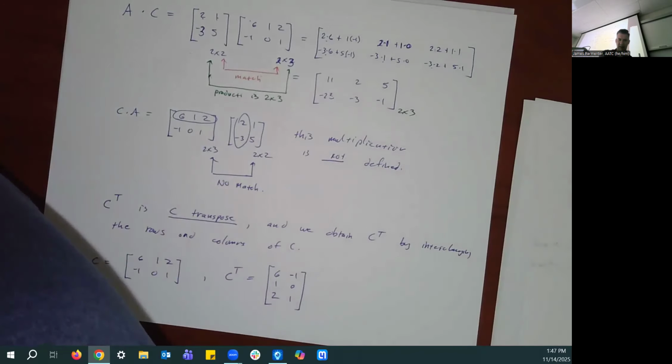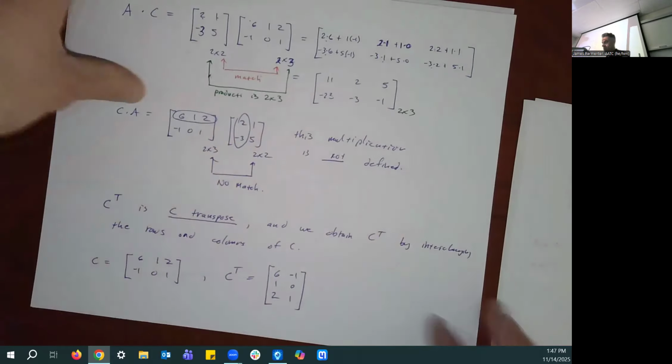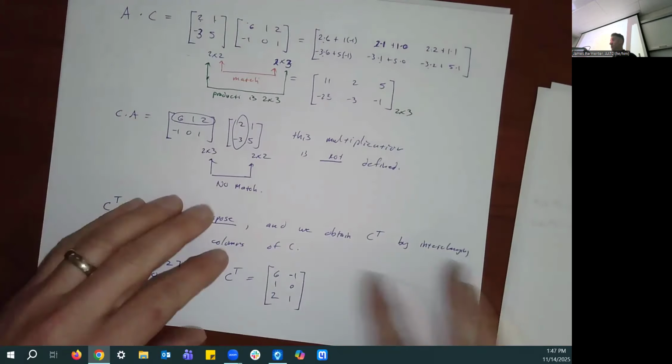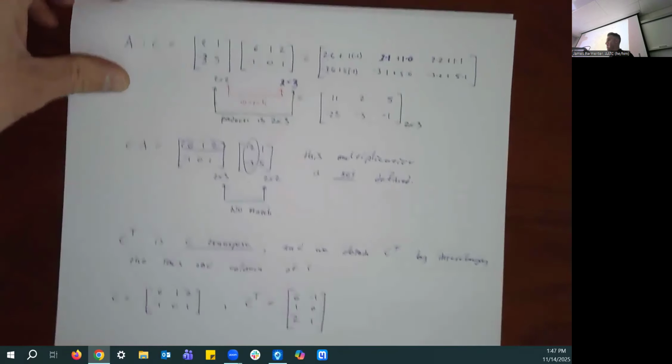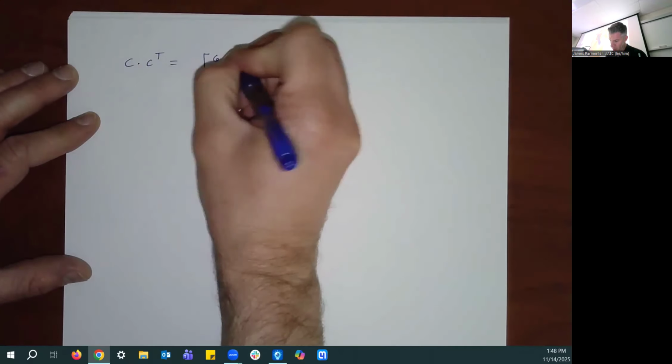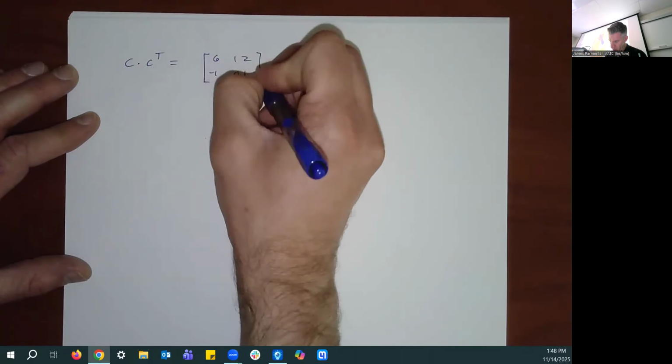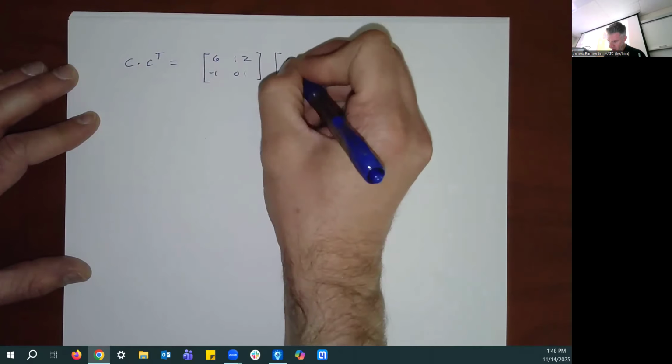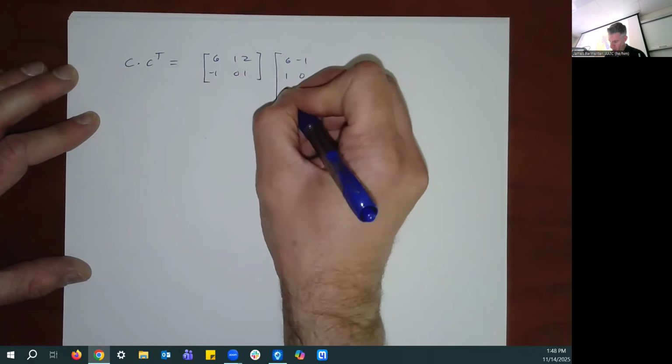What else to say about that? Why would we do that? I would say you should spend some time practicing matrix multiplication because it is a thing you will have to do. To that end, why don't you all try and calculate the following? Let's find C multiplied by its own transpose, which is 6, 1, 2, negative 1, 0, 1, multiplied by 6, negative 1, 1, 0, 2, 1.